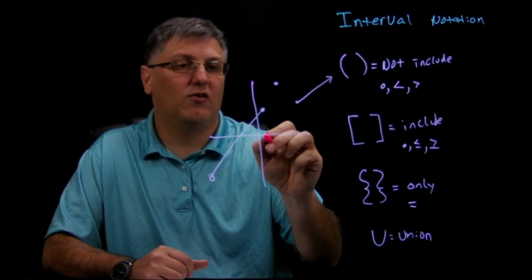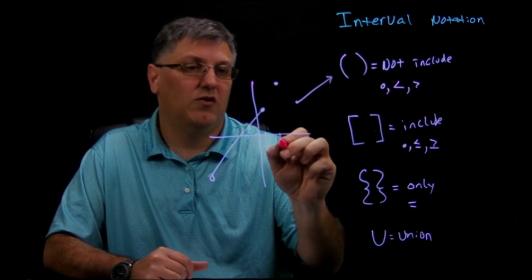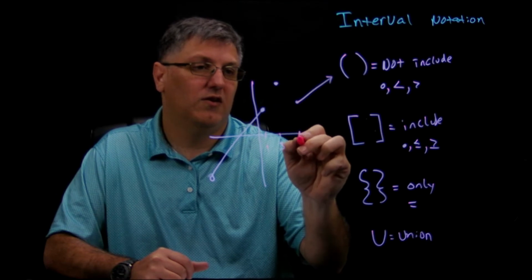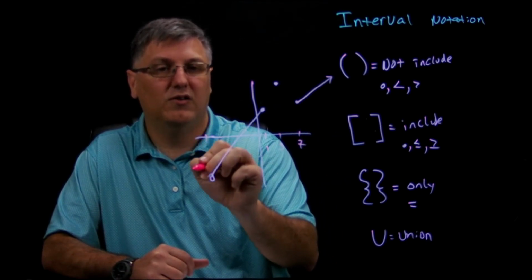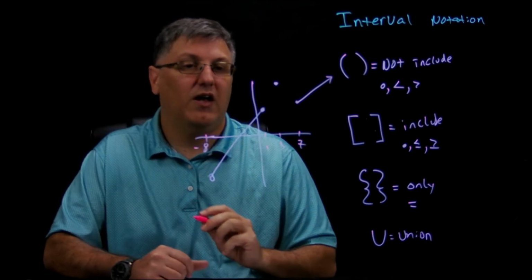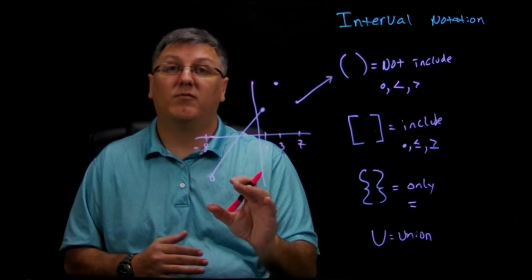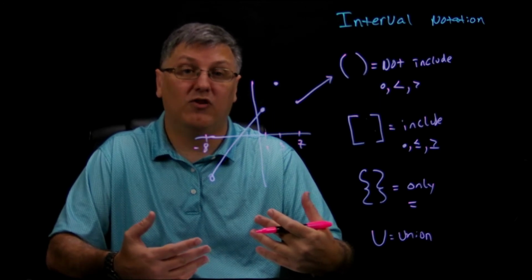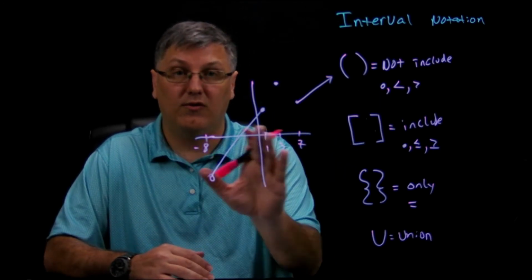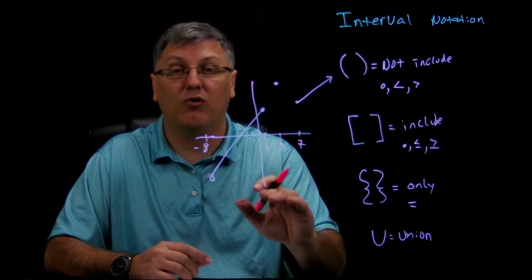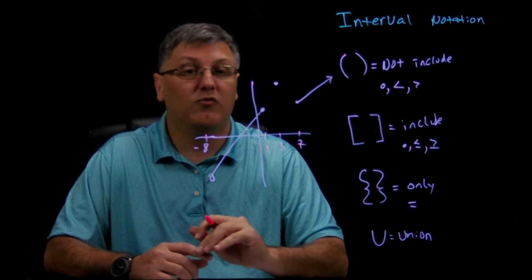All right, let's call this 1, 3, 7. Let's call this over here. And say I want to know the domain of this graph, and I want it written in interval notation. So we're going to start left to right. If you remember, domain are our x's, so we're going this way, left to right. If I ask for range, we're going up and down. So we're going left to right.